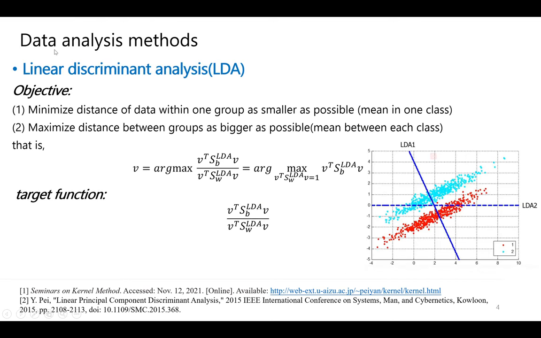The second data analysis method is linear discriminant analysis, LDA. It has 2 objectives: to minimize distance of data within one group as small as possible. It can be presented by this part. And to maximize distance between groups as big as possible.